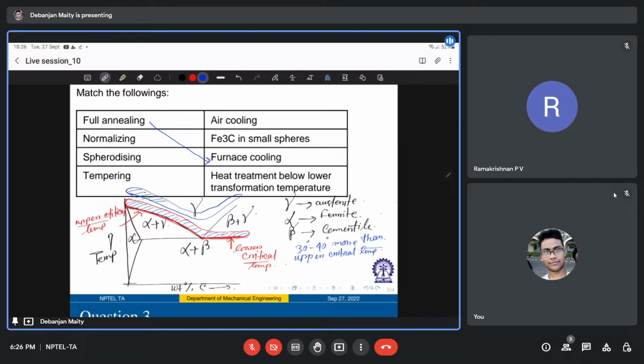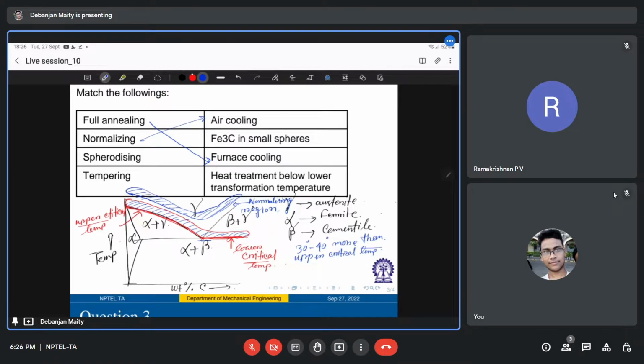This region is your normalizing region. In the normalizing region, you do air cooling, right? And then the spheroidizing region is somewhere here.